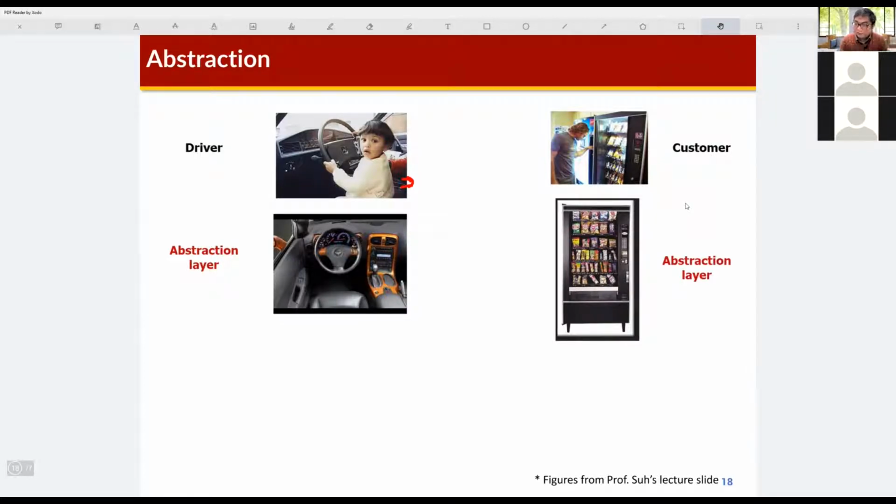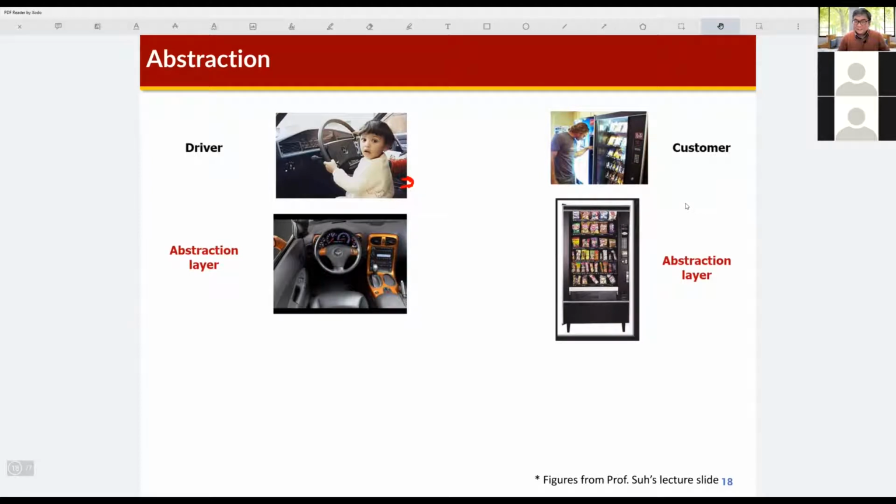So what does that mean? It means the car system is very complex, but this complex knowledge or complicated systems are not revealed to drivers. That's an analogy of abstraction.